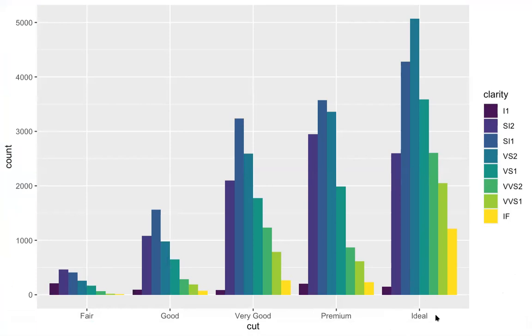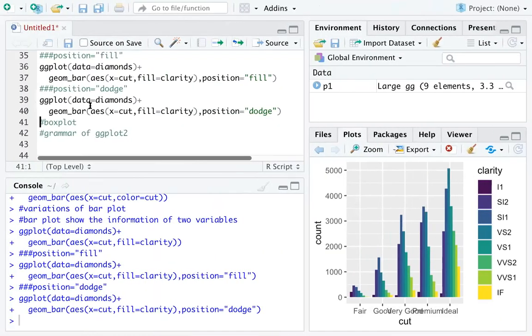So you can see exactly which clarity and which type or quality of cut has the most number of observations and which has the least. It is very easy to compare individual values. Okay, I think we are good on all the bar plot and the variations of bar plot.